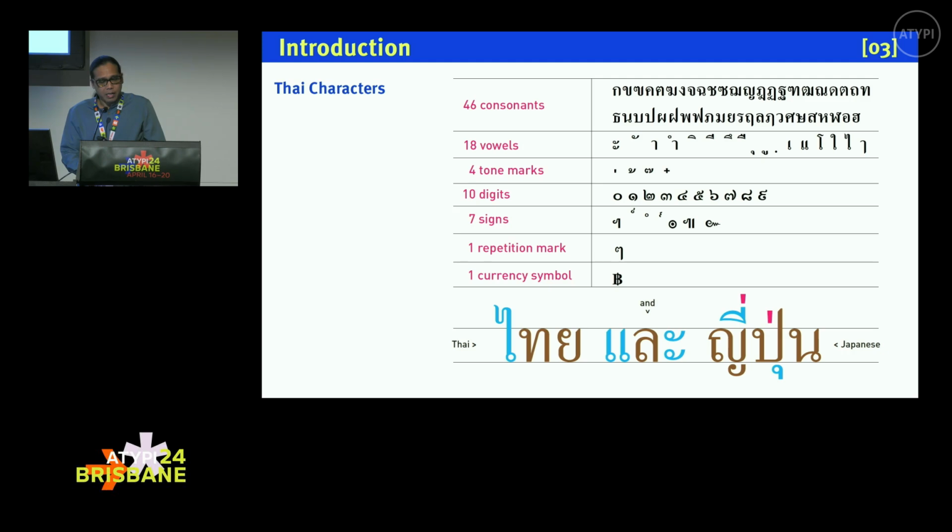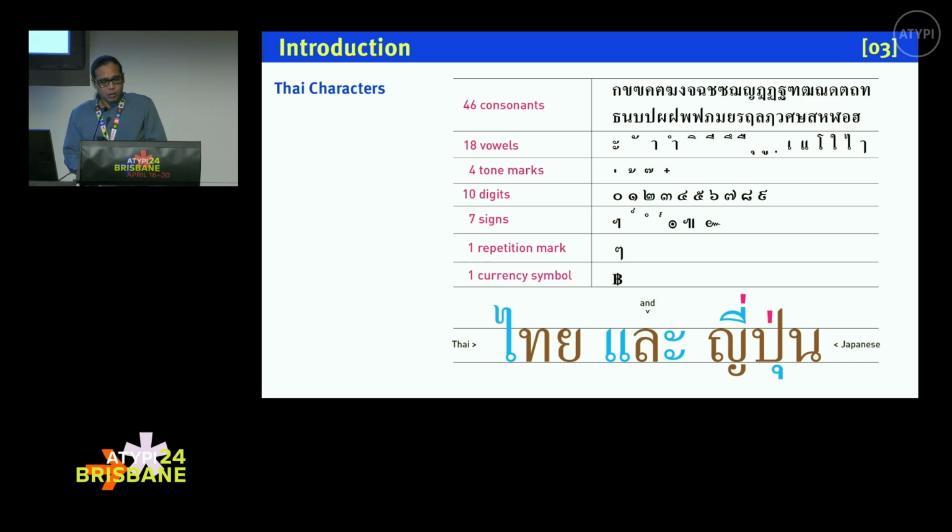The Thai characters in the Unicode standard consist of 87 characters, including 46 consonants, 18 vowels, 4 tone marks, 10 digits, 7 signs, 1 repetition mark, and 1 currency symbol.